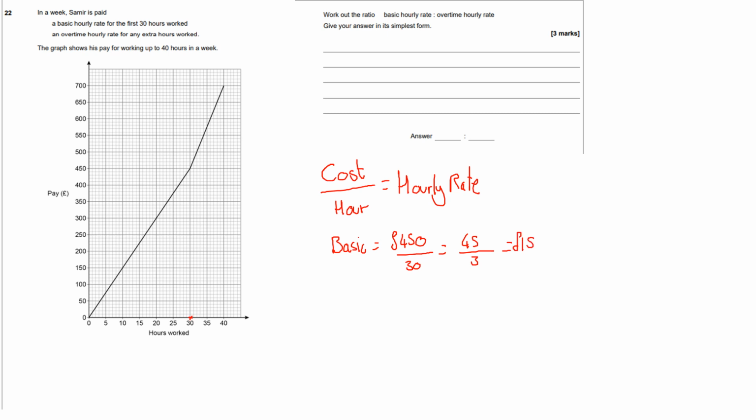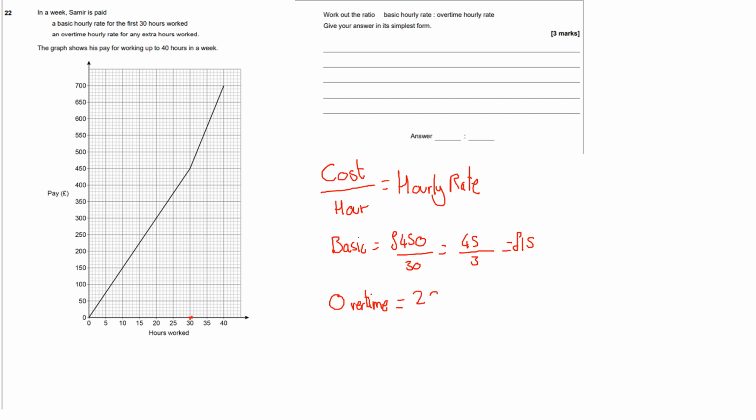So now let's look at overtime. So what is overtime equal to? Well, let's have a look. After we've gone to 30, we've got 40 hours, so I know there's 10 hours worked, and we can see we've gone from £450 to £700. So we've got 10 hours, and the difference between 450 and 700 is 250.